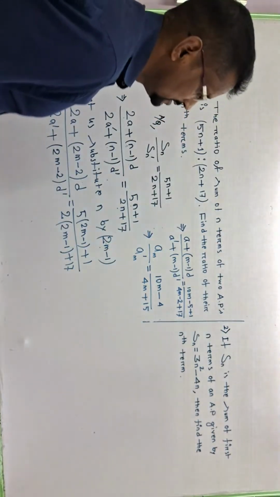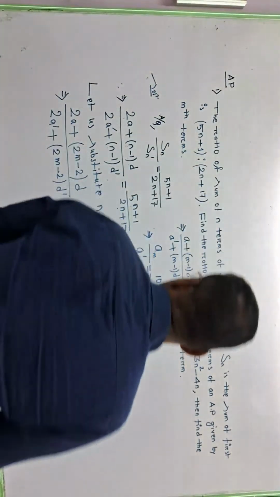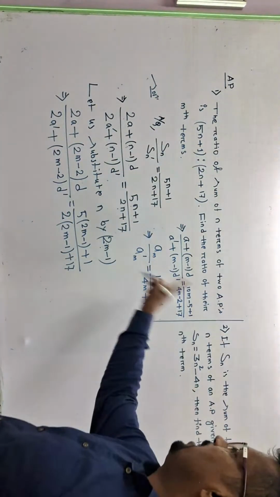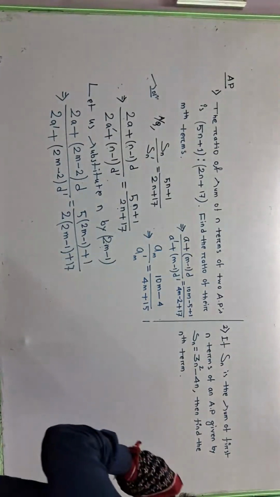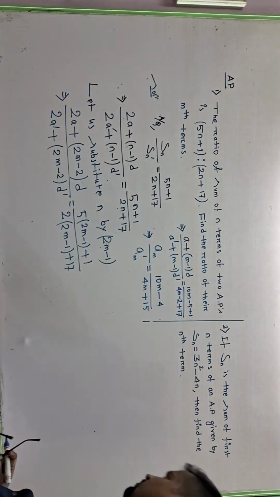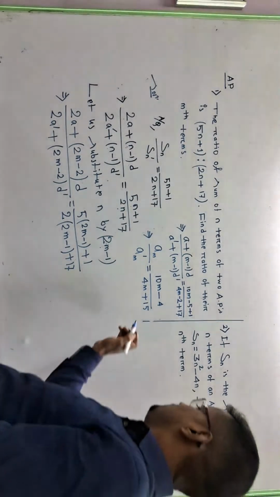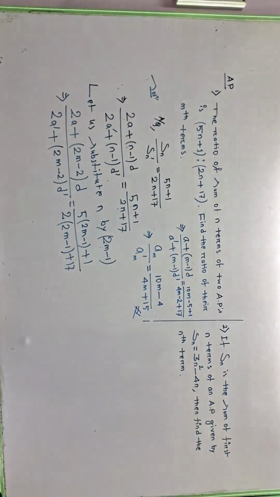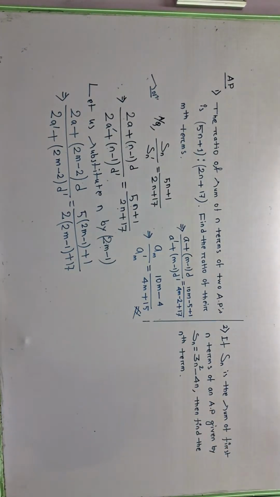So this is your answer. Ratio of their mth terms will be 10m minus 4 by 4m plus 15. I hope this is clear. Now let us see question number 2.